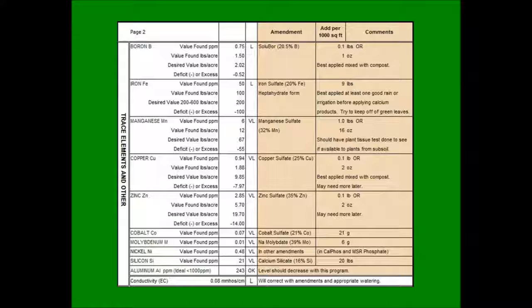Also in this section down here, we have aluminum. And aluminum is a toxic element, so we just watch that so we don't get too much. Finally, at the bottom is electrical conductivity, the EC. This is telling us how available the nutrients are in the soil solution.